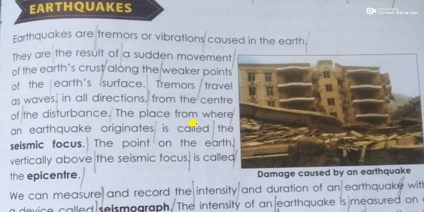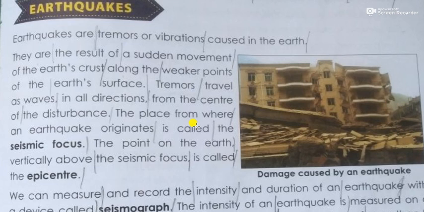These movements travel as waves, just like the waves on water, they travel from one point and spread through the entire area. Like if you throw a stone in the water, you can see the waves travel till the end. In the same way, these waves travel in all directions from the center point of the area.